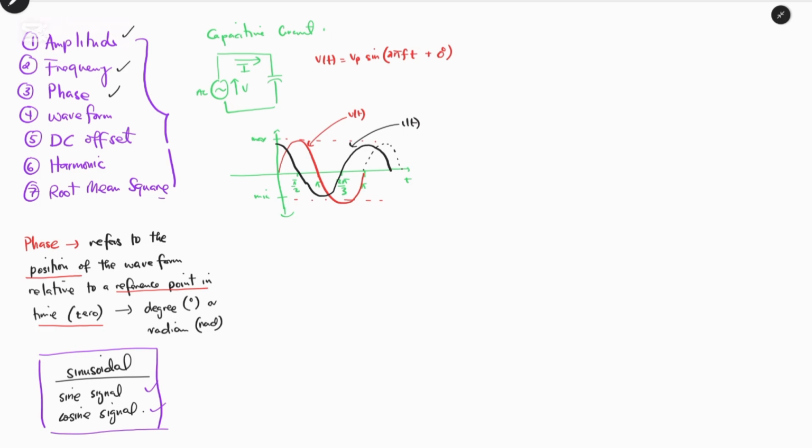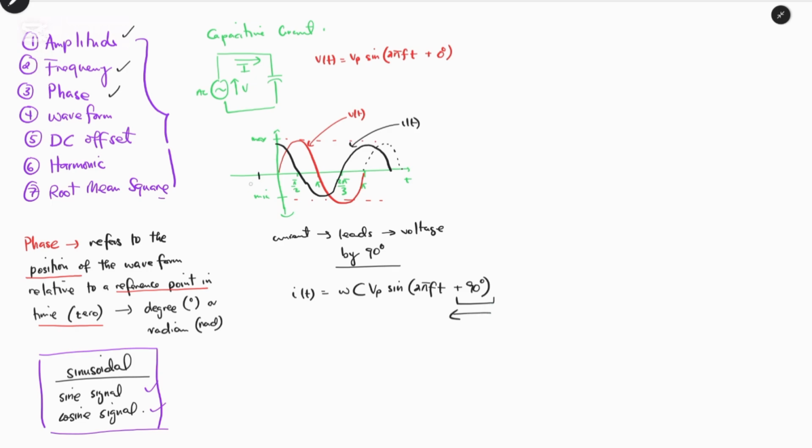So from the circuit, we can clearly see that the current now leads the voltage by 90 degrees. And we can come up with equations such that the It is equal to the angular frequency times the capacitance times the Vp sine 2 pi ft plus 90 degrees. And we can see that with this 90 degrees, the current is shifted towards the left.